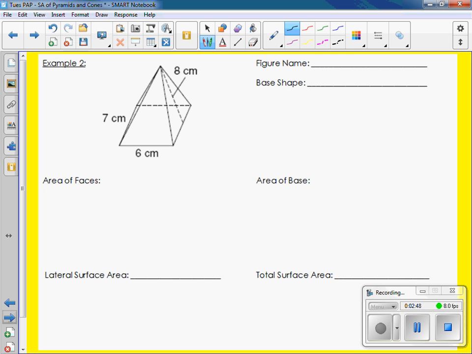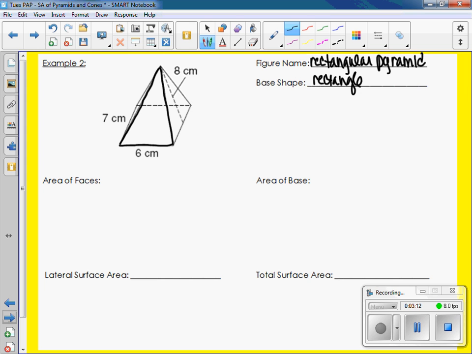So let's actually work on this with some numbers. This figure is a rectangular pyramid, and it is rectangular because there is a rectangle on the base. Okay, so this one still is going to work the same way. We're going to find the area of these figures.